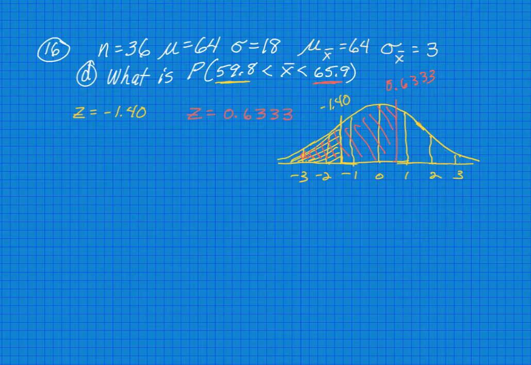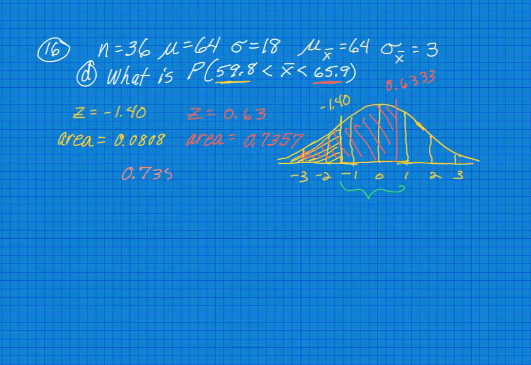But the area we are really interested in is the area between the two. The area between the two numbers, we will take the larger area, 0.7357, and subtract from it the smaller area. And we get an area of 0.6549.